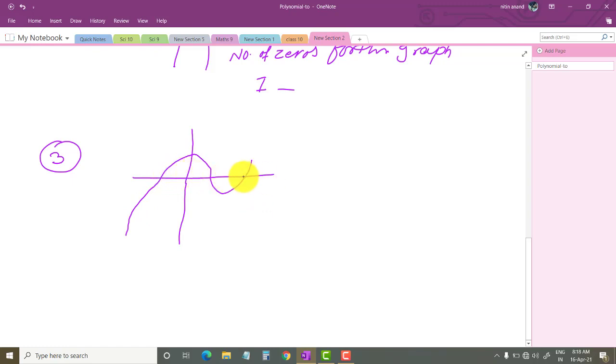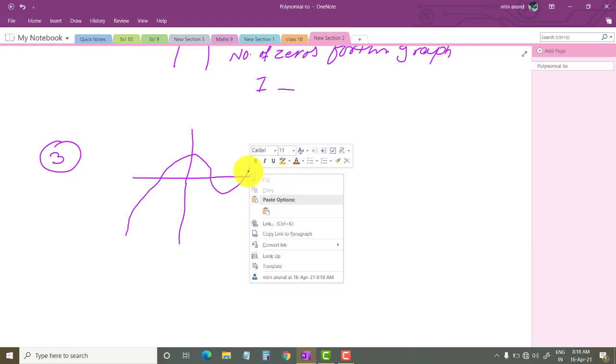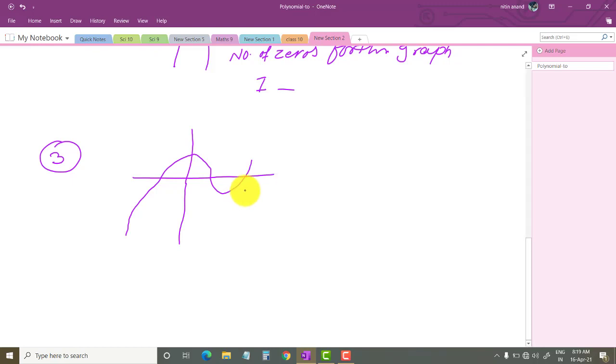Then see, we will count the intersecting points of the x-axis and this graph. This is the first point, this is the second point where the graph and x-axis intersect, and this is the third point where our graph and x-axis intersect. That means the graph is intersected 3 times.